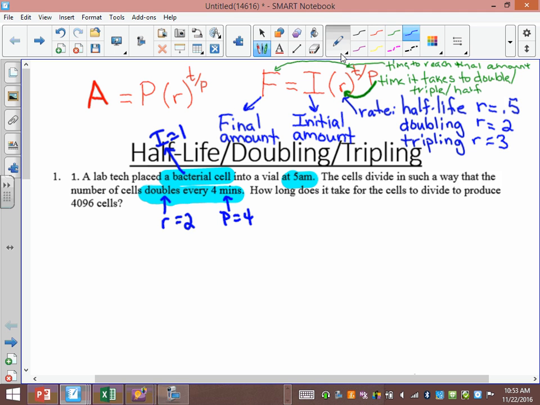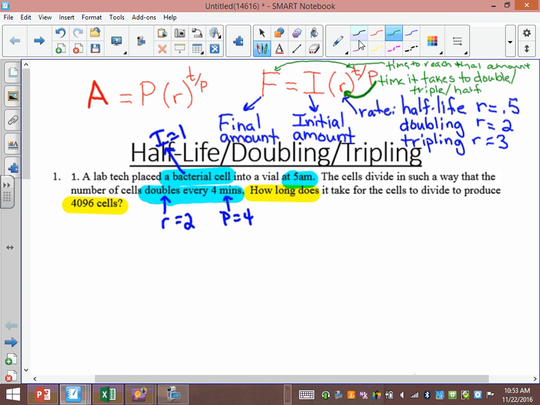Now let's go to the question. How long does it take for the cells to divide to produce 4,096 cells? And how long? So, how long does it take for the cells to divide to produce 4,096?